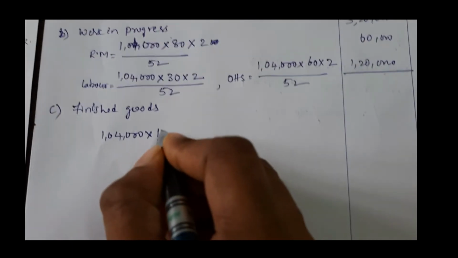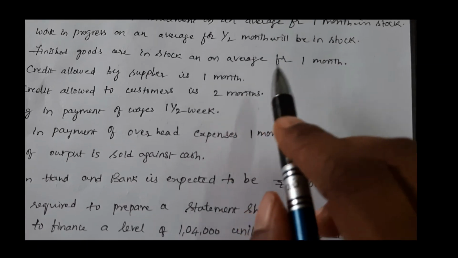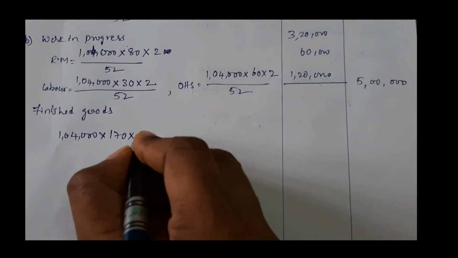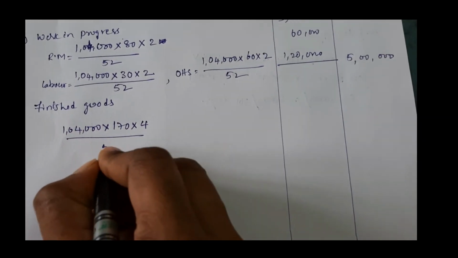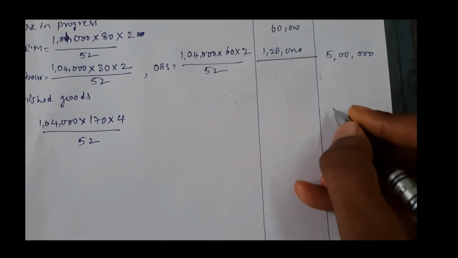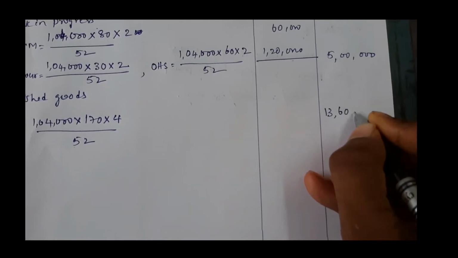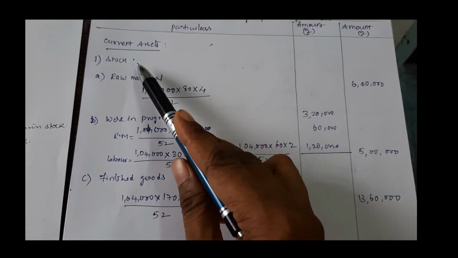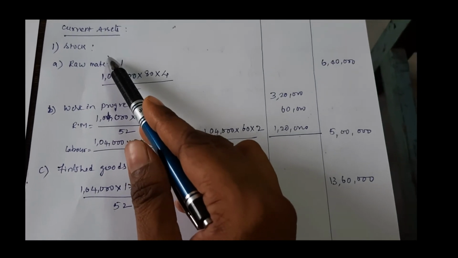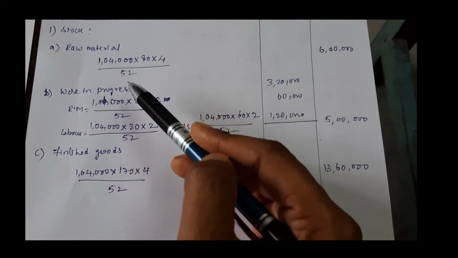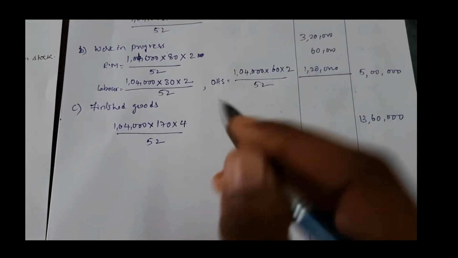So this will become 170 into finished goods delay will be 1 month. 1 month means 4 weeks divided by 52 and this will become 13,60,000. So this is the estimated values of stock of raw material, work in progress and finished goods.